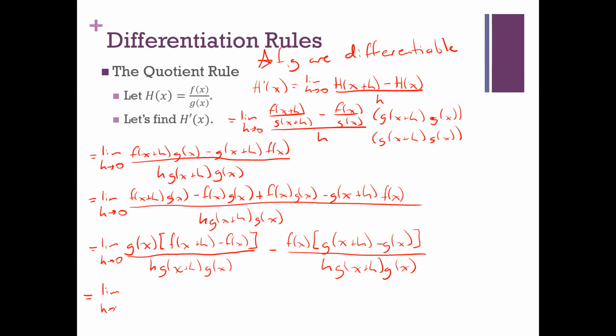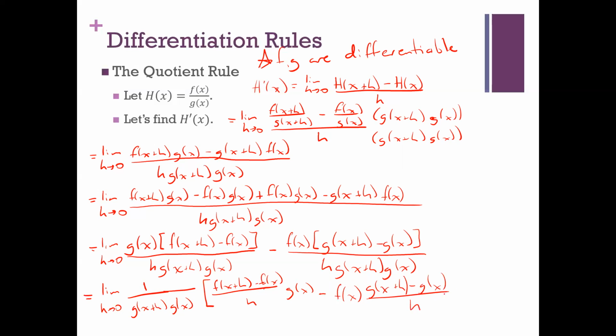The limit as h approaches 0 of 1 over g of x plus h times g of x, times these things: f of x plus h minus f of x over h and the g of x. I'm almost out of room, but I only have one more thing to write down.